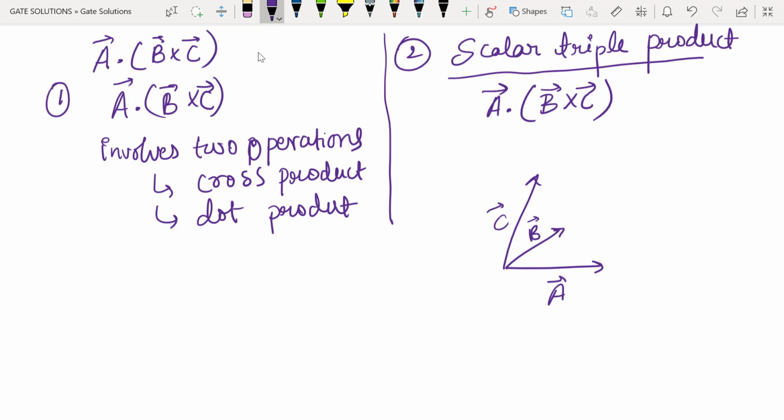If we join these vectors, we will get one parallelepiped.